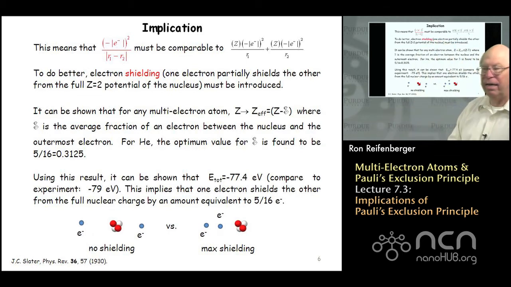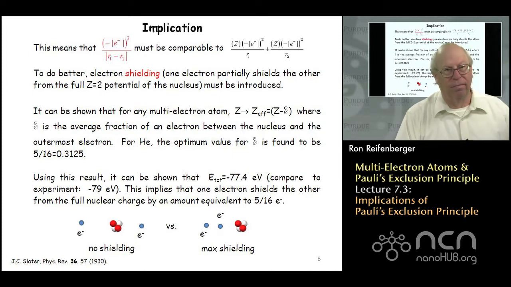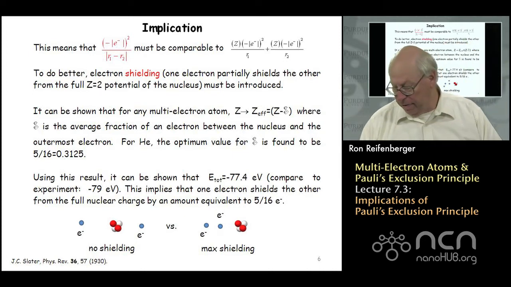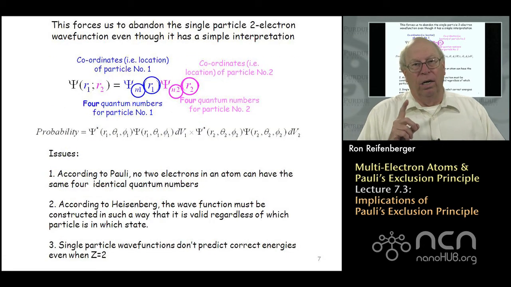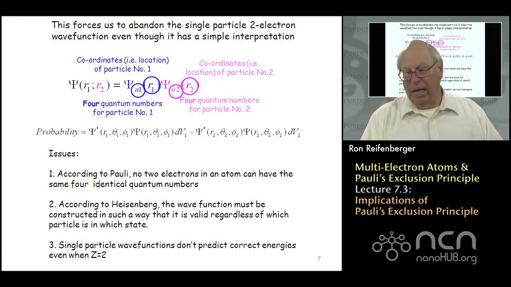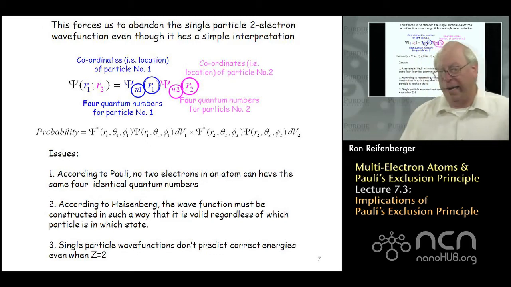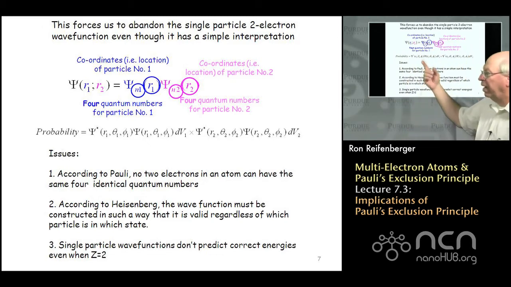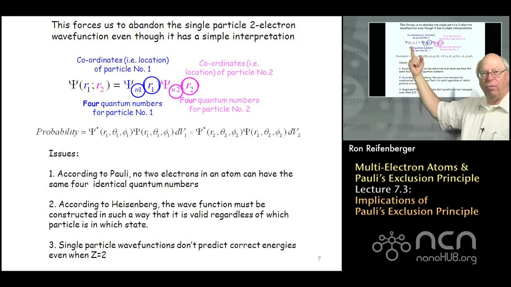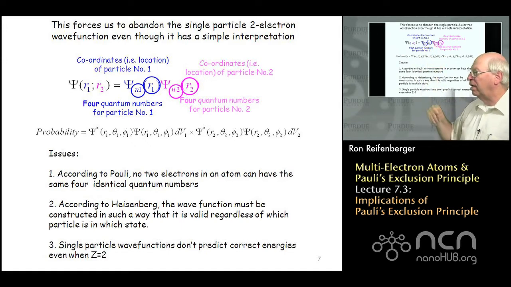One way to take that interaction into account is to realize that there's some sort of correlated motion between the two electron states. What that implies is that you cannot write the wave function for two electrons in terms of the product of the wave function for one electron times the wave function for the second electron.